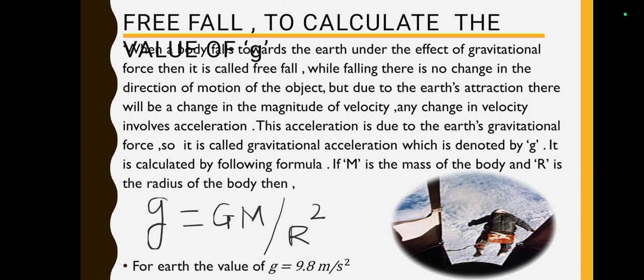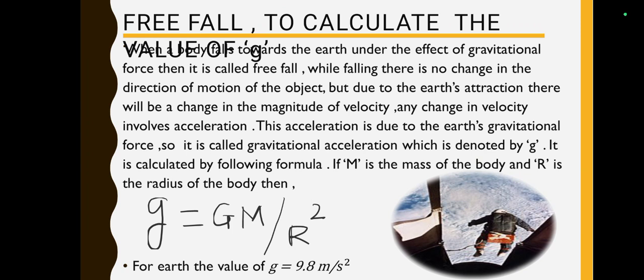Sir, here it was F. Where is F? F, according to the second law of motion you have already studied in the previous chapter, motion and force and laws of motion, the force is the product of mass and acceleration.